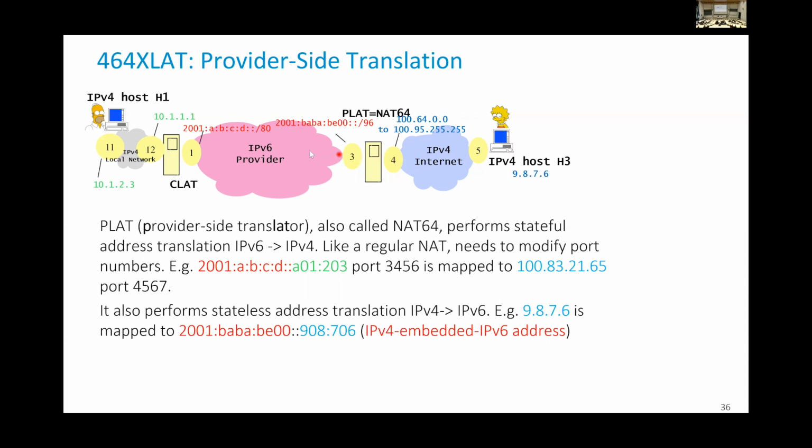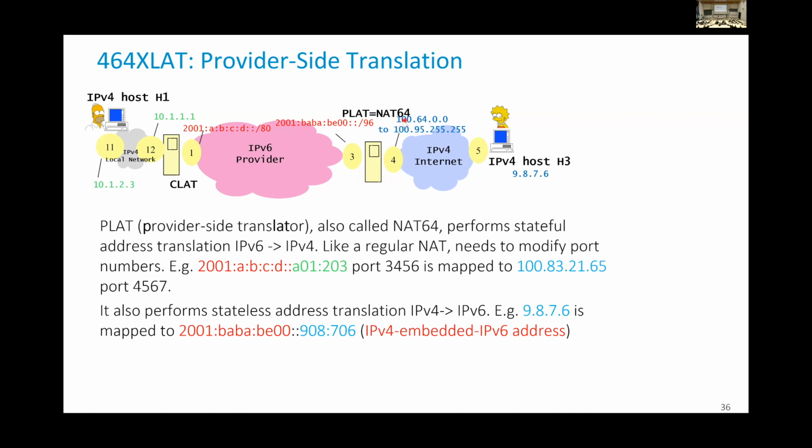But it's impossible because the scope here, the range of addresses that exist is much larger than the addressing size of the IPv4 internet. There can be as many green networks as there are such prefixes here. And since the number of IPv6 such prefixes is very large, this is a larger domain than can be mapped. So we need to do the regular NAT stuff. So we will map this address to an address that is a blue address in this block here.